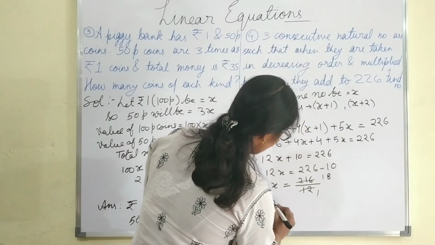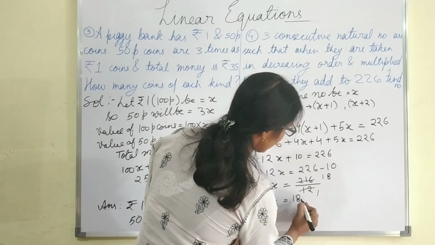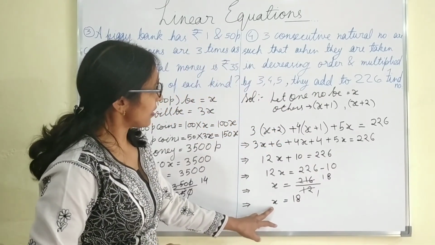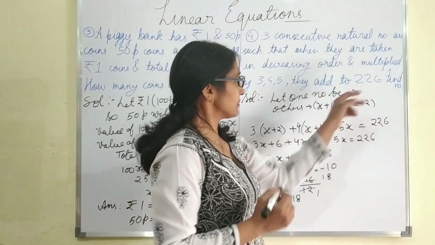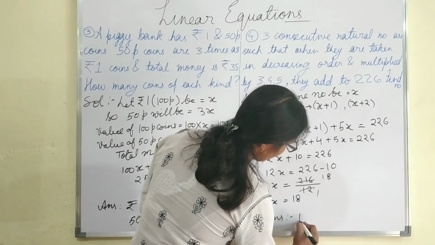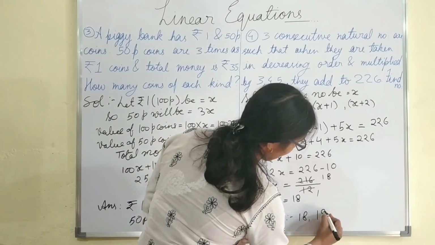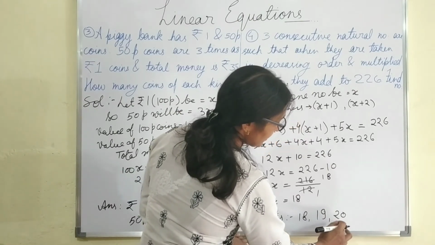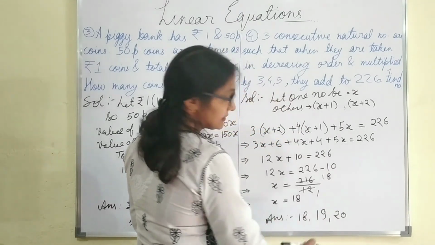So x equals 18. So its value of x means our one number is x. So the answer will be 18, 19 and 20, which is 18 plus 1, 18 plus 2. It's our answer.